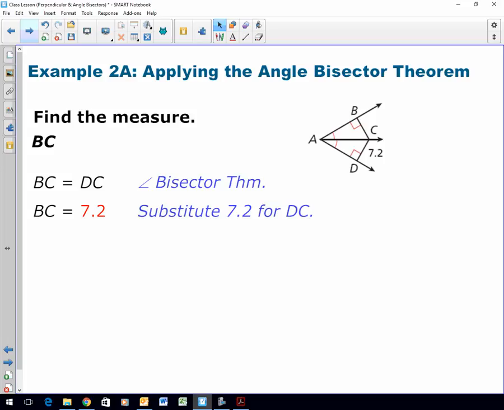You see those little lines? Those lines give it away. So if it's the angle bisector, then any distance from C to D would be congruent to any distance from C to B. So what is this distance going to be? 7.2. Angle bisector theorem.